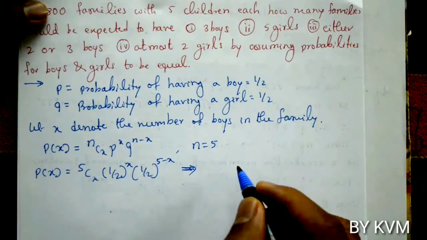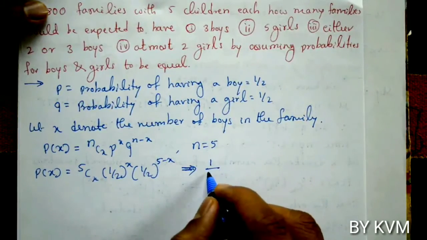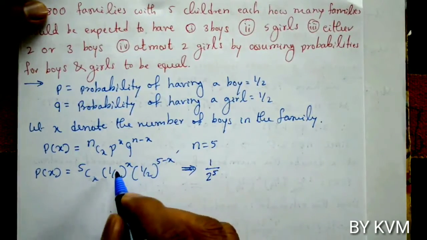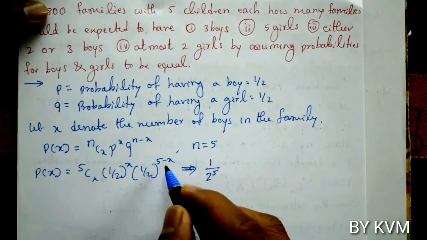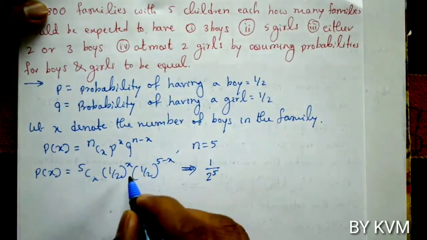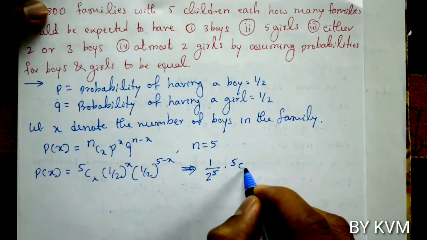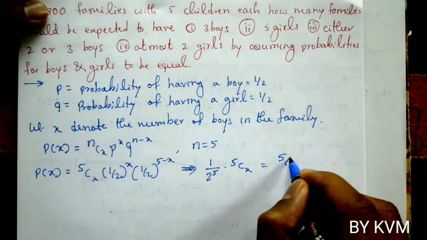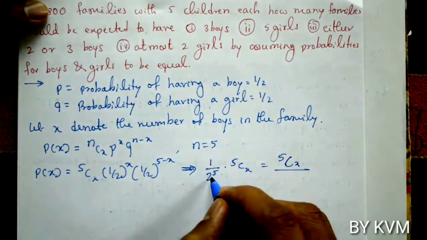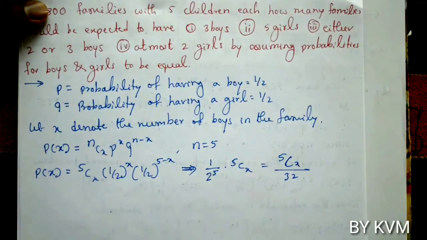Now add the powers: x plus 5 minus x, x gets cancelled. So it is 1 by 2 whole power 5 into 5 C x. So 1 by 2 power 5 means 2 power 5 is 32. So 5 C x by 32.